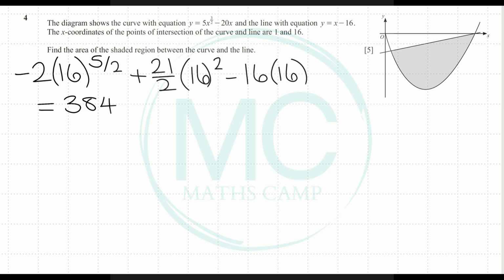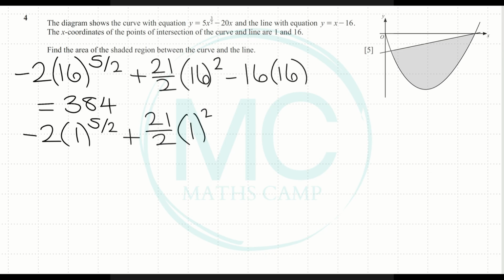Now we need to substitute 1 into x. We get negative 2 multiplied by 1 to the exponent of 5 over 2, plus 21 over 2 multiplied by 1 squared, minus 16 multiplied by 1. Remember that when you multiply any value by 1, it remains the same.